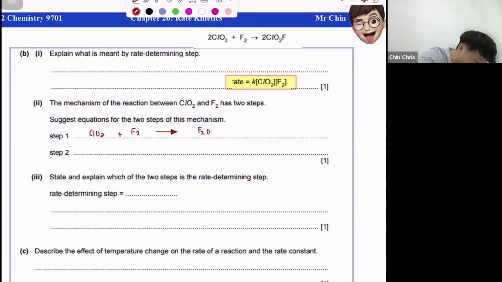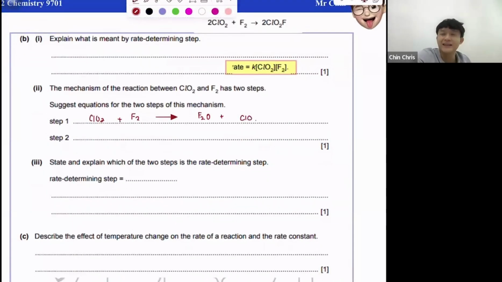ClO, okay. By right, chlorate should be ClO-. But again, this time, the intermediate species can be nonsense. You don't have to put your negative there. If you want, can F2O+. Again, if you want to put a negative, F2 must be a plus. Don't put a negative without a charge. If you do it like that, it's wrong.